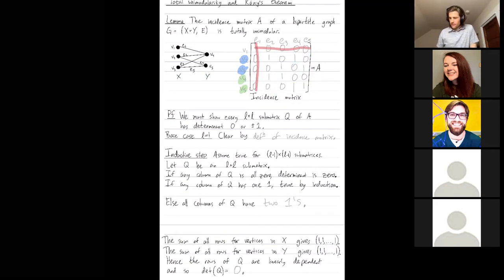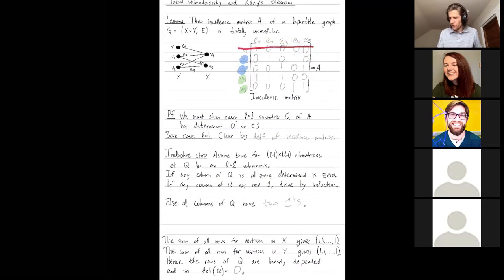I have a quick question. When we're summing up all rows for vertices in X, is that all rows for vertices in X that are also in Q? Yeah. But we haven't noticed that we didn't remove any ones from any of the columns, right?